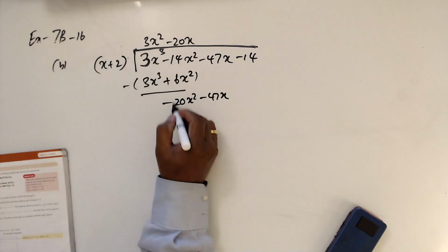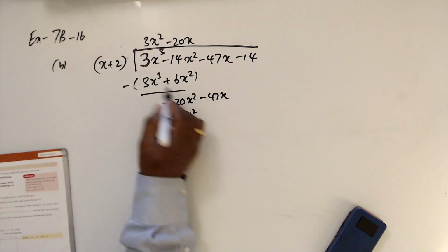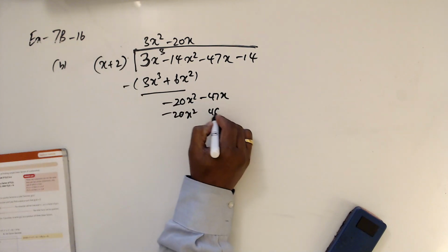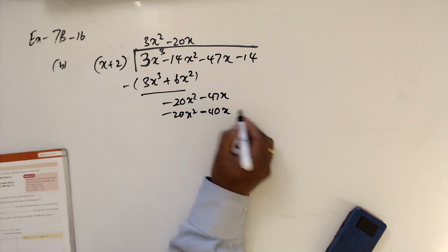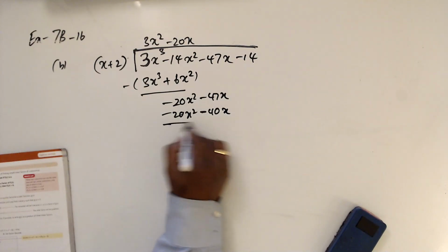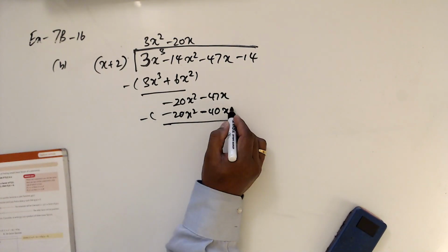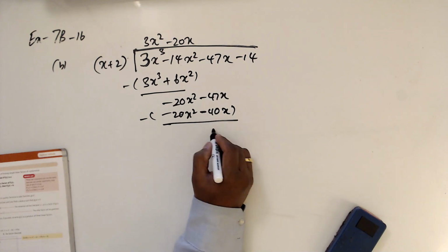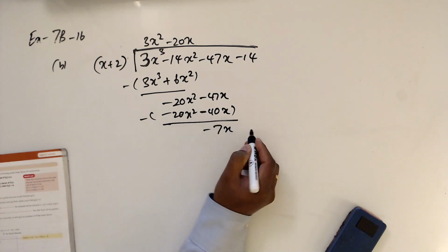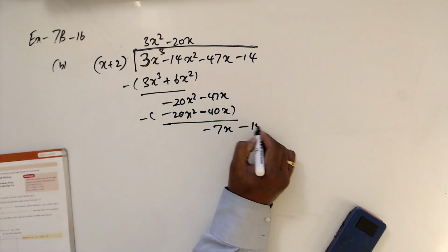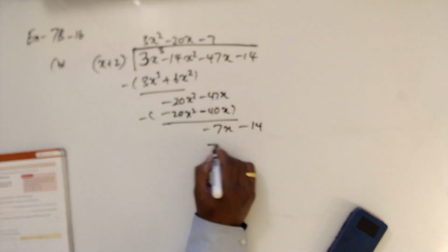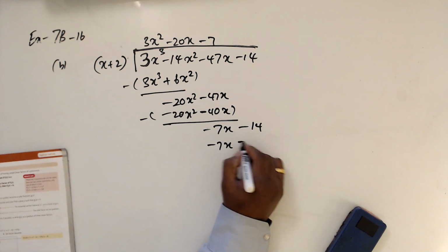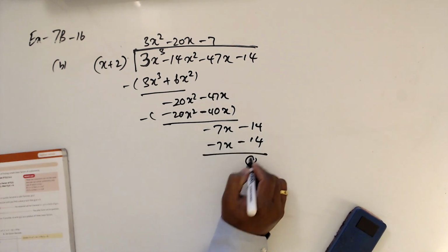Now minus 20x square, 20 times 2, 40, minus times plus minus x, and you have to minus this one. So this is going to be minus 7x, and bring minus 40 down now, and this is minus 7x minus 40, and the remainder is 0.